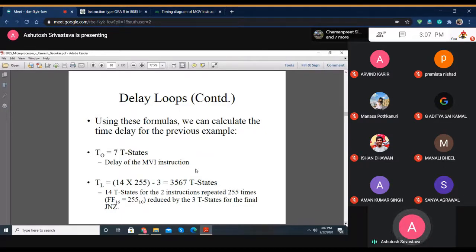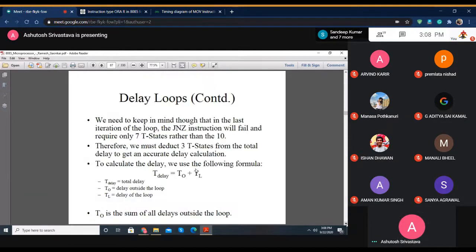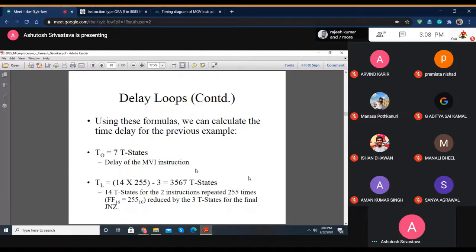So we can calculate the time delay for the previous example as follows. So for the MVI instruction, which is outside the loop, it is 7 states. But with the example that we have chosen, where the initial value is FF, it will be executed in this format.